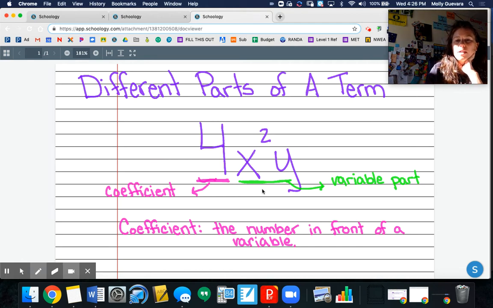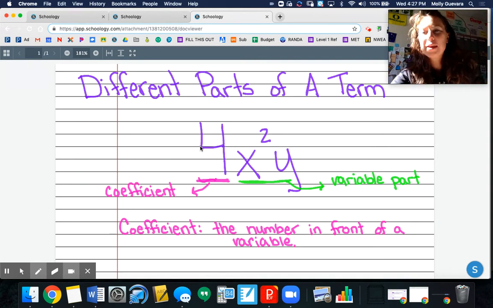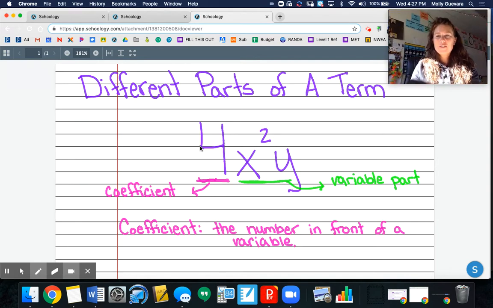And the variable part is what all of the variables are, and then the coefficient is the number. So that's just a quick reminder on all of the different parts of the terms.